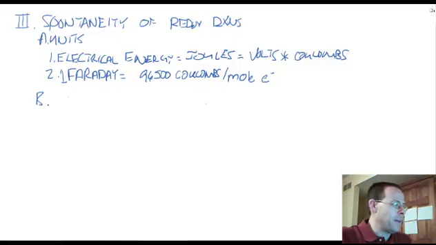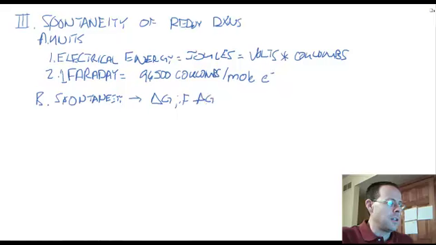So letter B is simply going to be spontaneity, and spontaneity always relates back to delta G. A little reminder from thermochem: if delta G is negative, it is spontaneous.